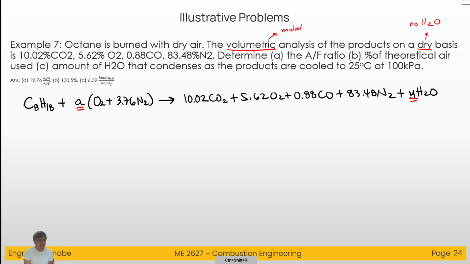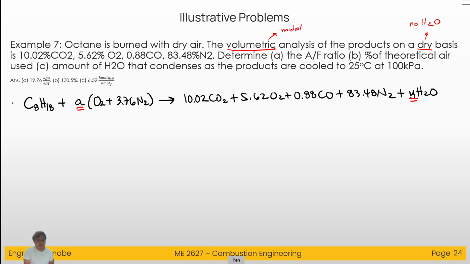We are assuming here that we need only one molecule of fuel to burn this. But the reality is, since the water vapor is not included in the analysis, we have to assume that this is not one molecule of fuel.